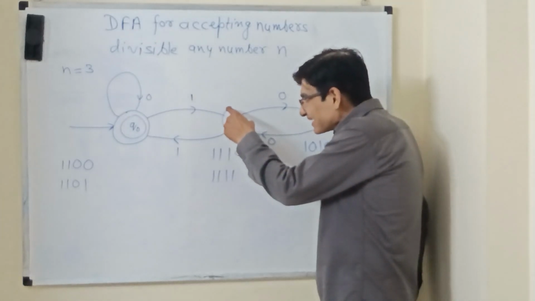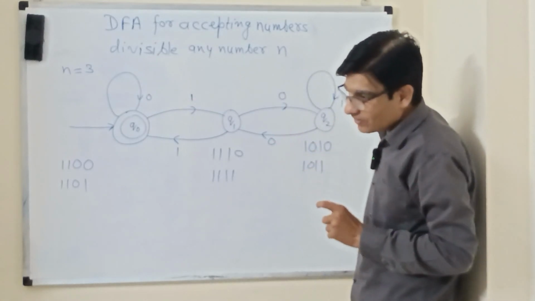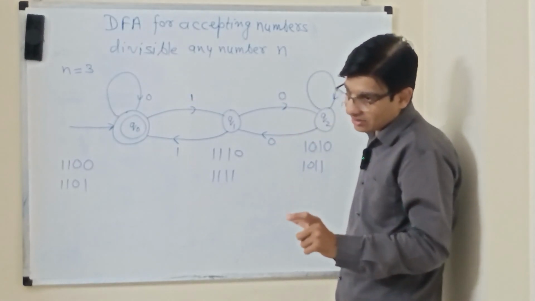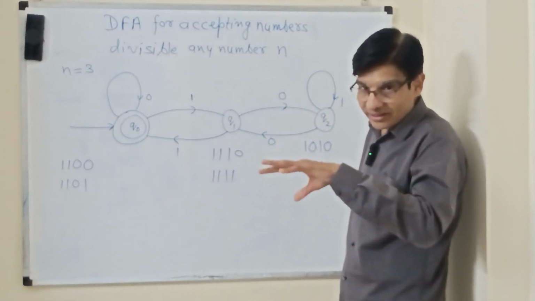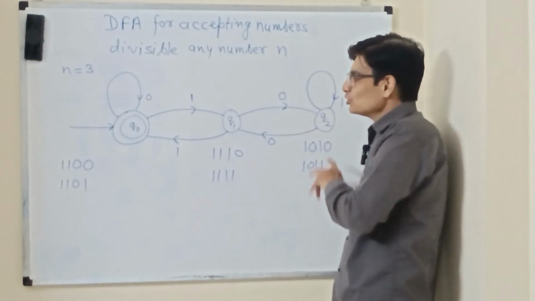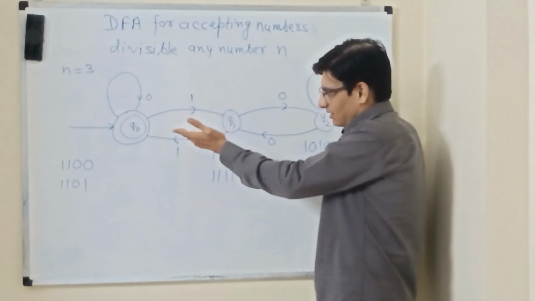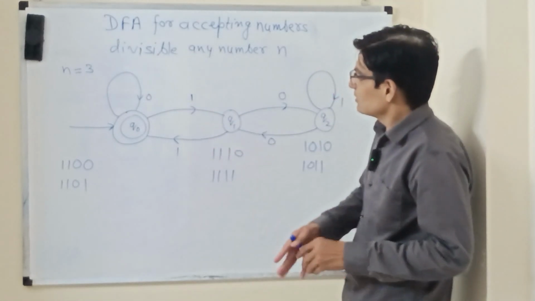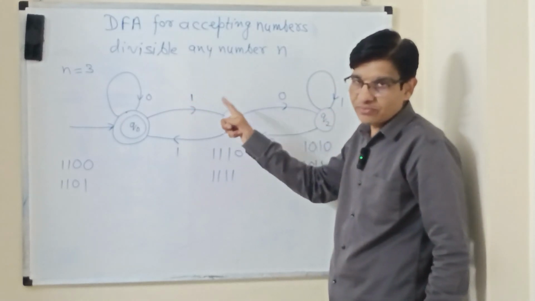Then we will make this Q1 state the final state. And if we want to accept the numbers that give remainder 2 on dividing by 3, we can make this state the final state. So this is the general logic. You can apply these, and this is the DFA for accepting all binary numbers divisible by 3.